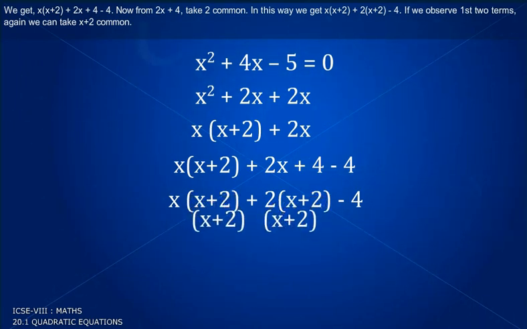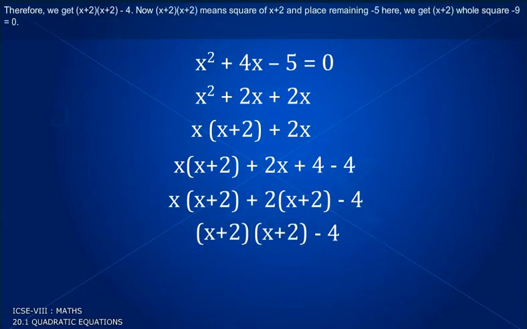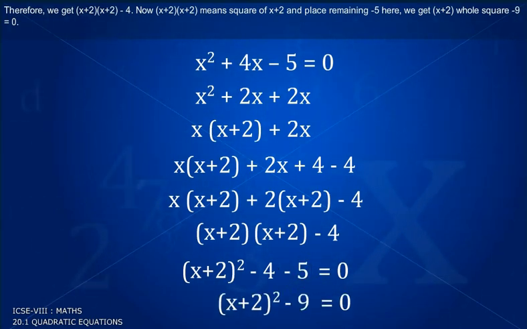If we observe first two terms, again we can take (x plus 2) common. Therefore, we get (x plus 2) into another bracket (x plus 2) minus 4. Now, (x plus 2) into another bracket (x plus 2) means square of (x plus 2), and place remaining minus 5 here. We get (x plus 2) whole square minus 9 is equal to 0.